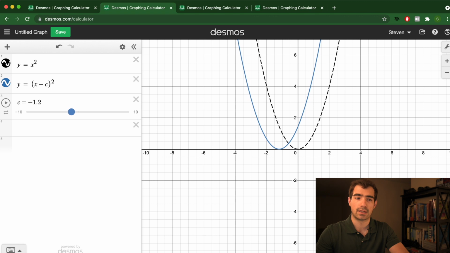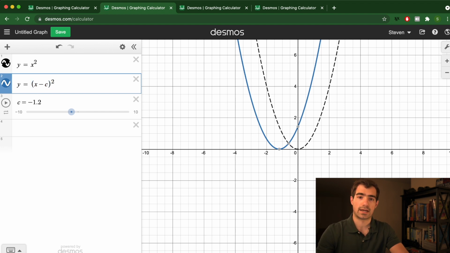So as we make this positive, our function slides to the right, and as we make c negative, our function slides to the left. Again, similarly to how a positive vertical shift value brought us up towards the positive y-axis, a positive horizontal shift value brings us right towards the positive x-axis. Now, in order to make that work properly, it is important to note here that this is x minus c, right? So our input is x minus c, and that's going to make this work.